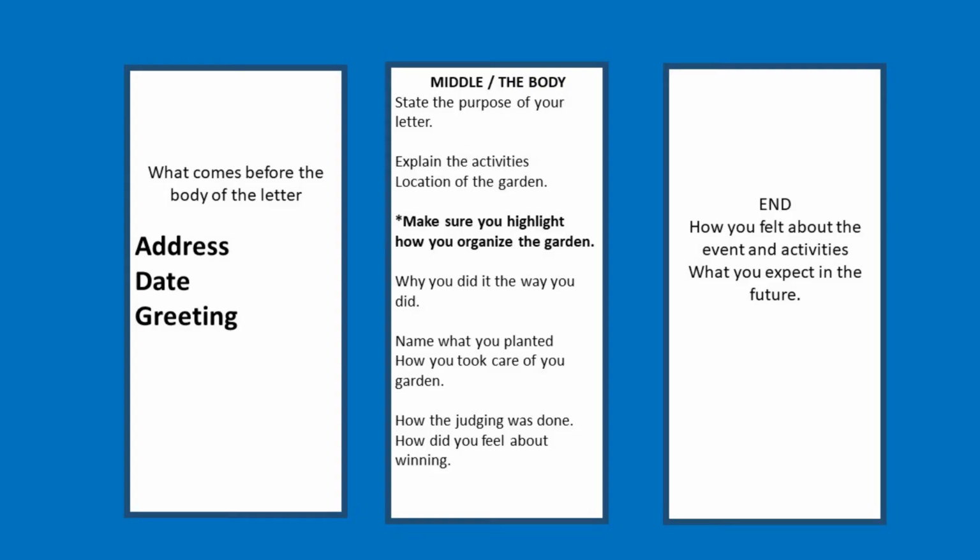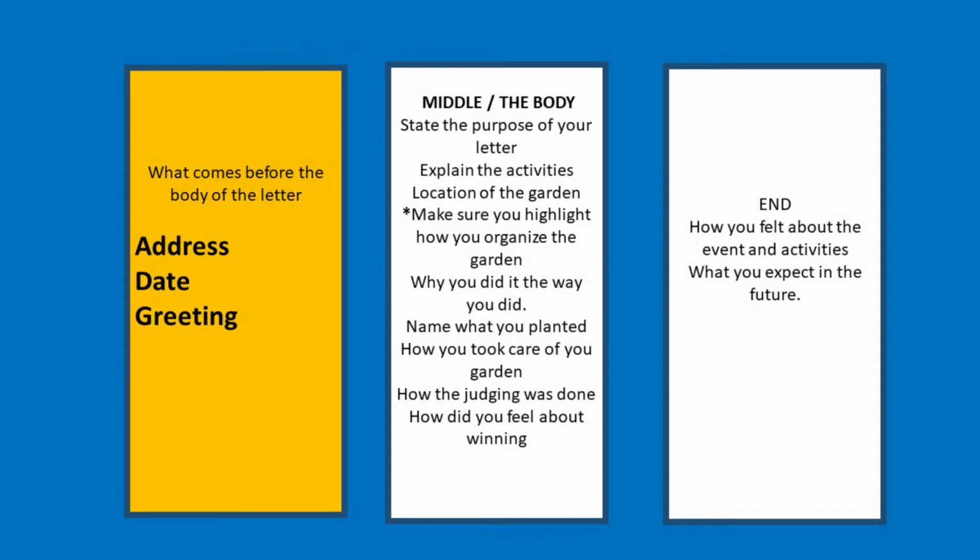For this letter, we are going to pretend that the person writing the letter is Amy Light. Here I have 3 boxes, which basically gives you a little clearer plan on how your entire writing task would be set out. Now, before the body and in the heading of your writing task, you will have your address, the date, and the greeting.